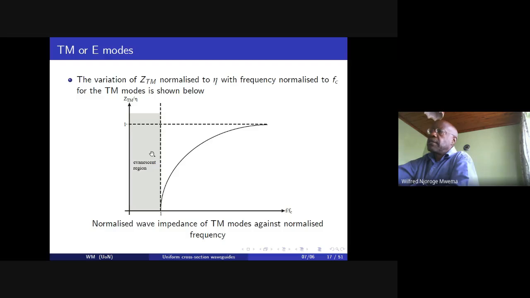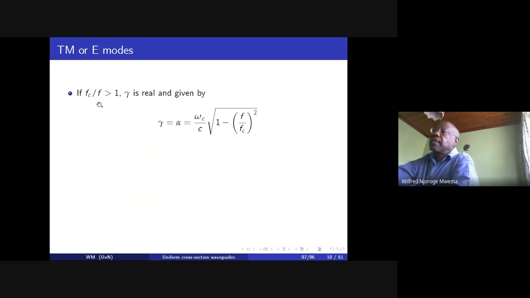Note, for frequencies below f_c, the wave does not propagate, and we call this region the evanescent region. There's no propagation, and the ZTM does not have any definition here. It will be imaginary. So if f_c divided by f is greater than unity, then gamma is going to be real, given by gamma equal to alpha equal to omega over C times the root of 1 minus f over f_c.